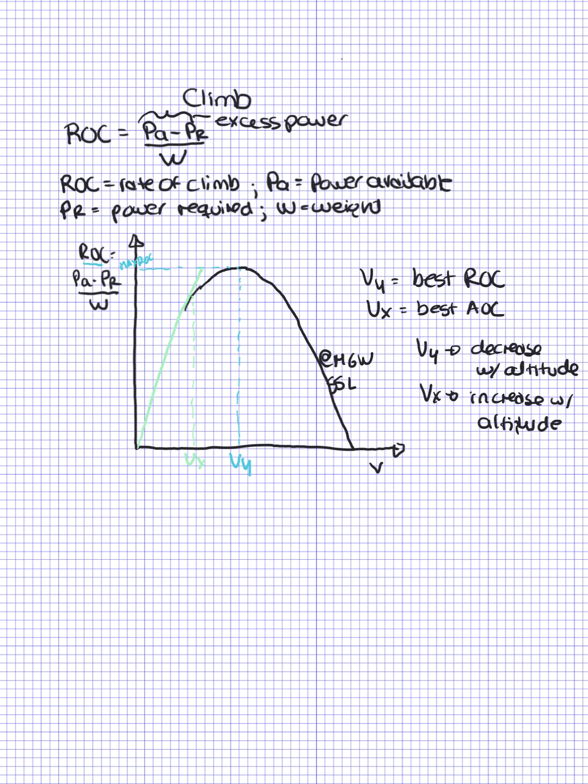So let's say this black curve was at sea level standard condition, say at 5,000 feet of altitude, then my excess power is going to be less. Why? Because the density is lower and the airplane is going to perform worse.